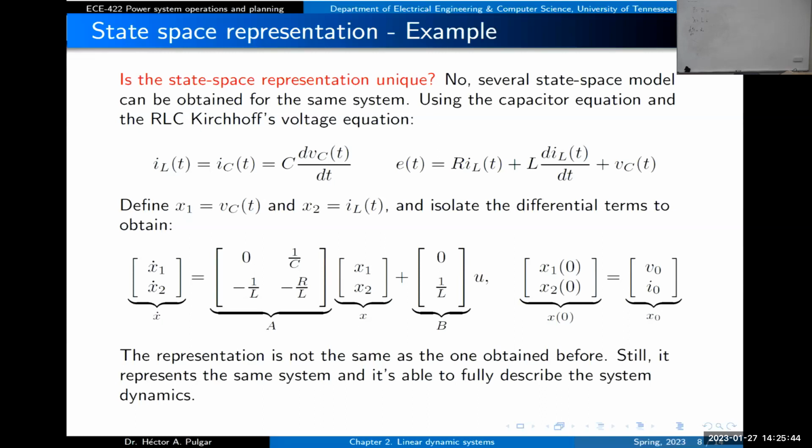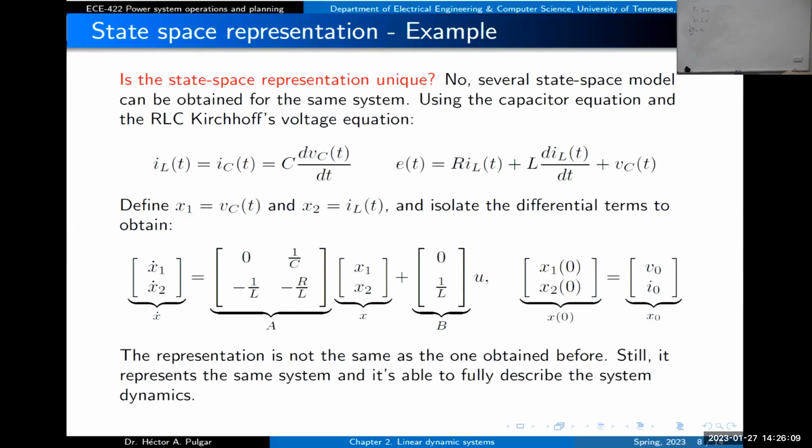The derivative of x2, which is the derivative of the current, needs to be equal to negative R over L, multiplied by x2. That's what we have right there. This is IL, negative of R over L. And then you have VC.